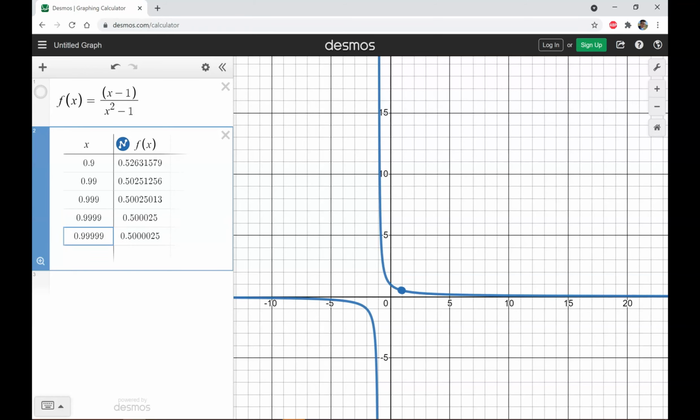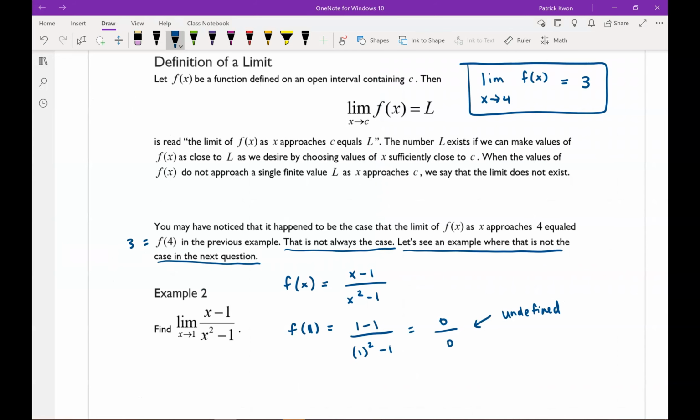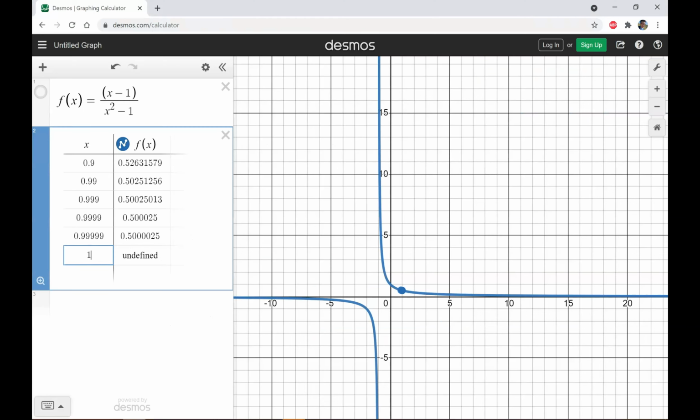So what's happening here? Take a moment to reflect and absorb. As my x values are getting closer and closer to 1, what's happening to these values here? Let's plug in 1. What happens? Well, as we saw earlier, recall from our notes here that we had 0 over 0, so that was undefined.